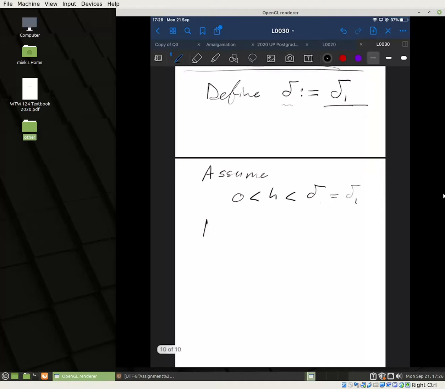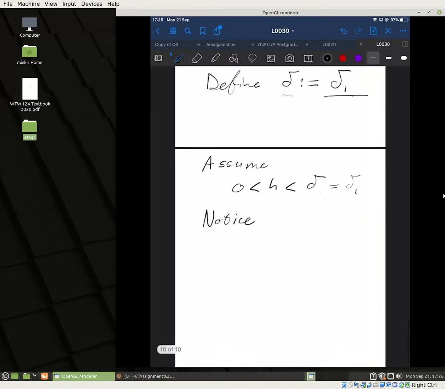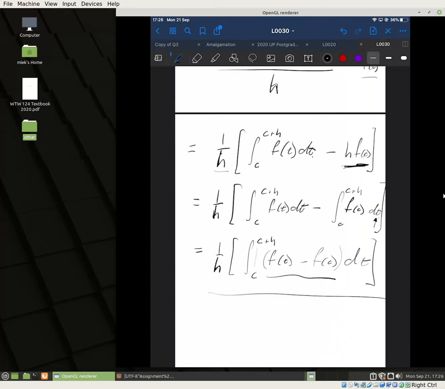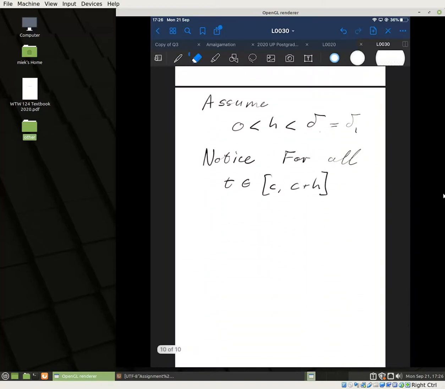Okay, so now notice, for all t in the interval from c to c+h, so all t in this interval that we're integrating over, we can say something. What can we say?